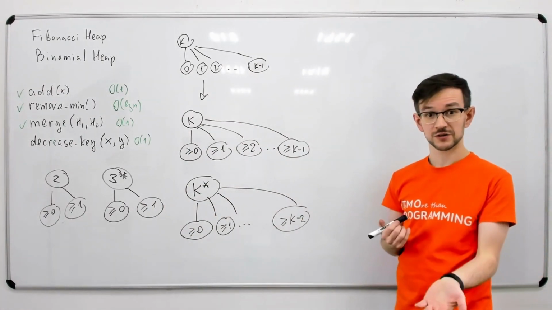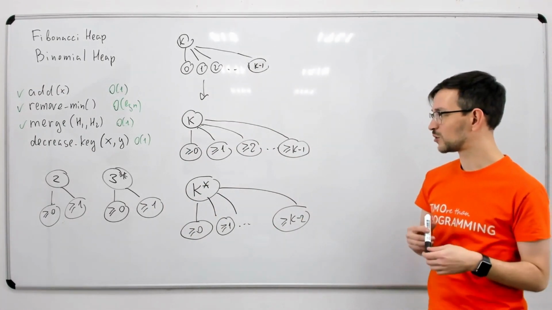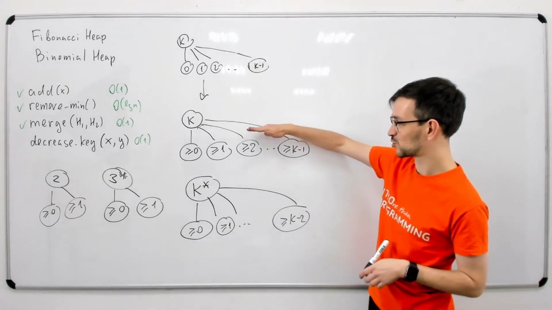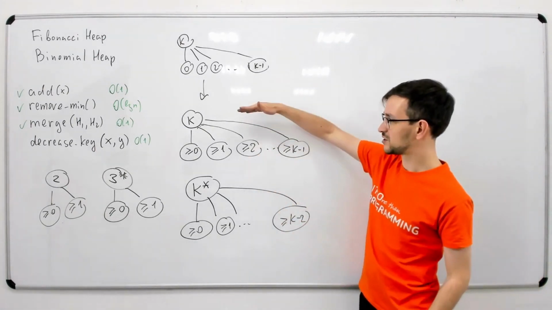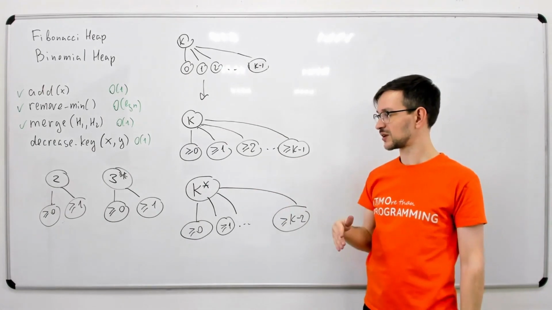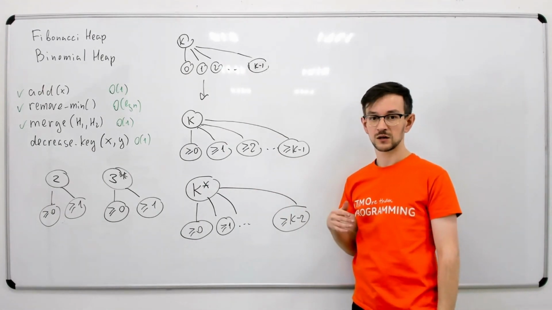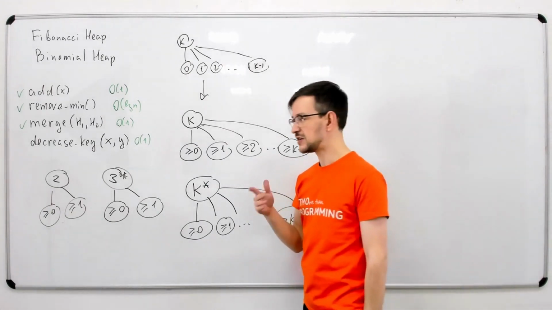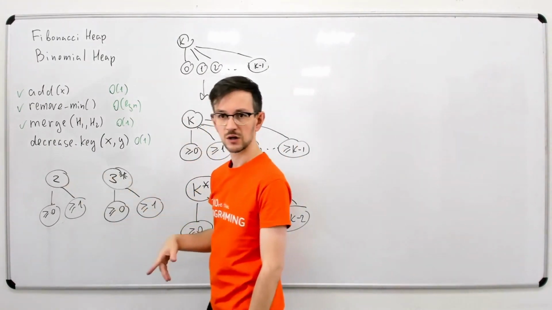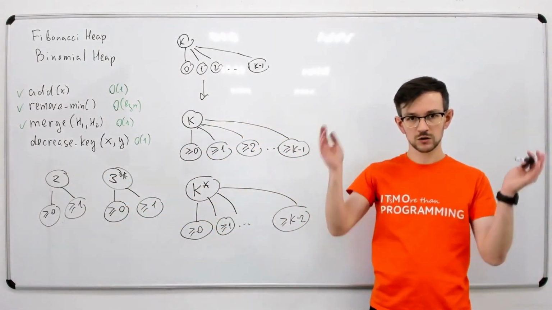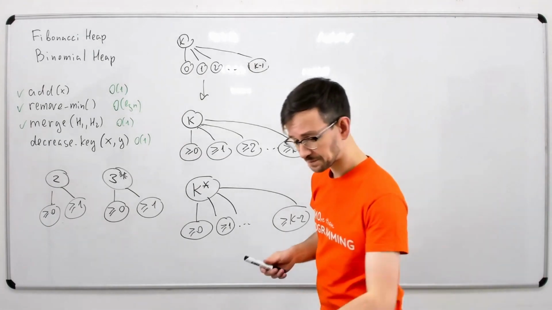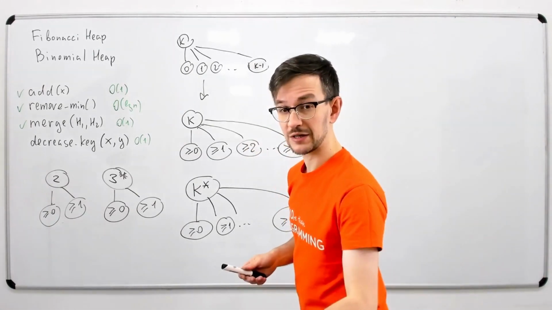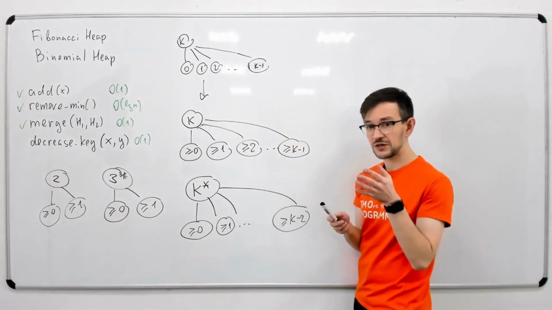So what's the difference? Why do I make these two types of trees? Is there any difference between these two trees when you use them in the big tree? It turns out that there is a difference.